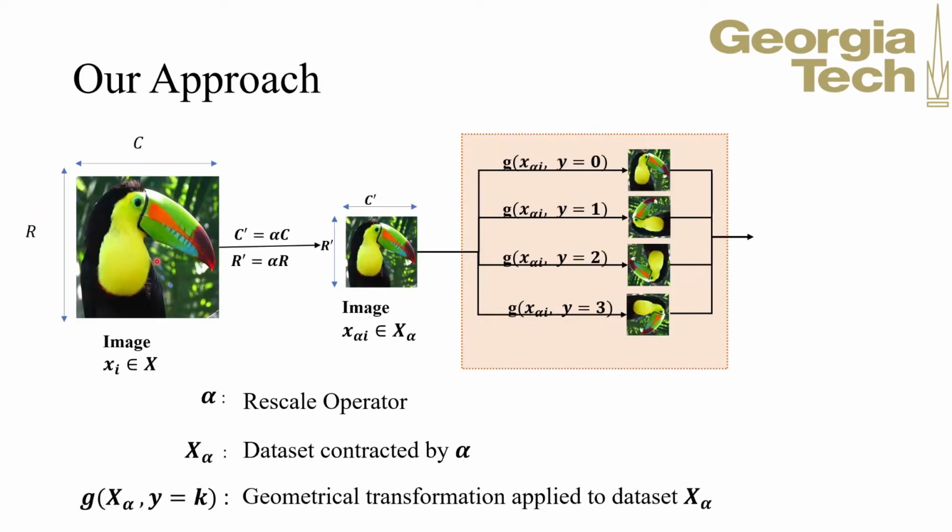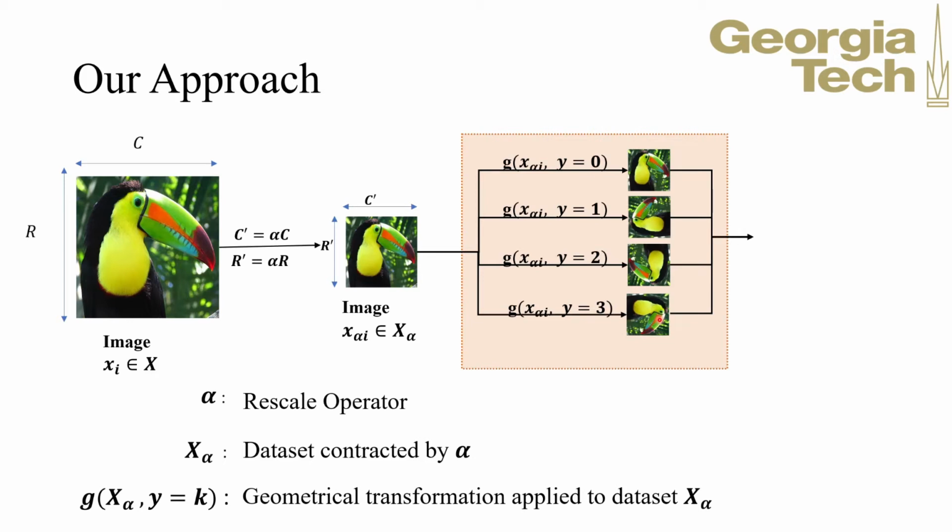Multi-scale rotation prediction is considered as the pretext task. The original images are contracted using the resize operator alpha to build the dataset X alpha. Each image is then rotated counterclockwise to produce 4 images: no rotation, rotation by 90, rotation by 180, and rotation by 270 degrees, labeled as 0 to 3 respectively.